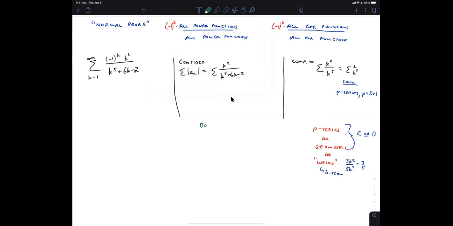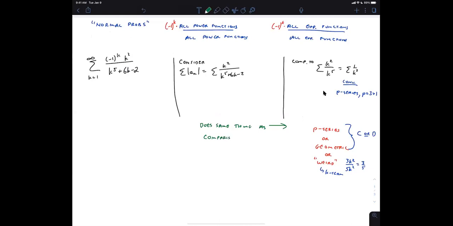This does the same as the one over there, meaning if this one converges, the one in the middle converges. If this one diverges, the one in the middle diverges. That is 100% the case for what I'm describing as normal problems, where you have all power functions or all exponential functions. These will do the same thing by one of the comparison tests.